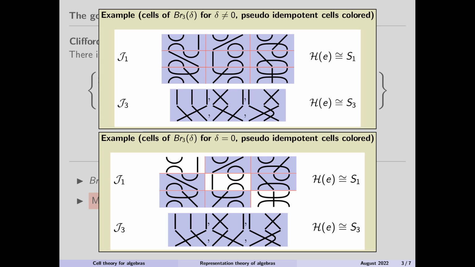It's the same notation from yesterday: left cells, right cells, J cells, going upwards. But the white cell is also idempotent. Not if delta is 0. Oh, it's good. Yeah, makes some sense.